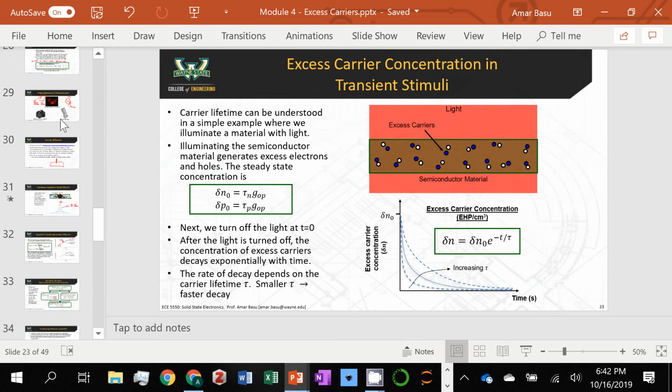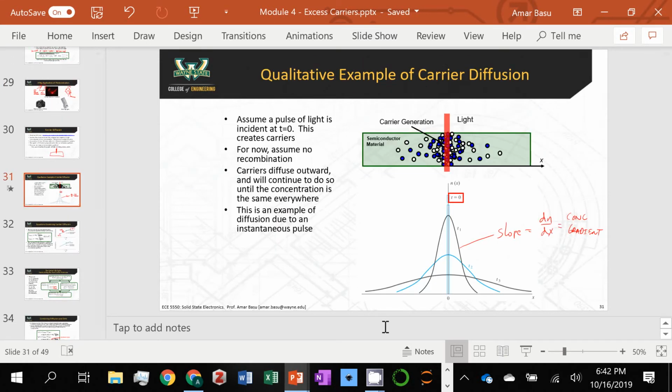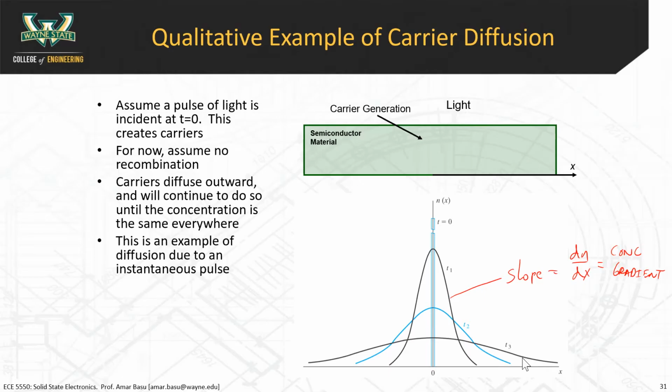Here we go. Just to remind everyone, we talked about this example. You generate a pulse of light right in the middle of the semiconductor, and you generate a whole bunch of carriers there. They call it a pulse of carriers because there's a high concentration of carriers right where the light was, and then it decays down like this.